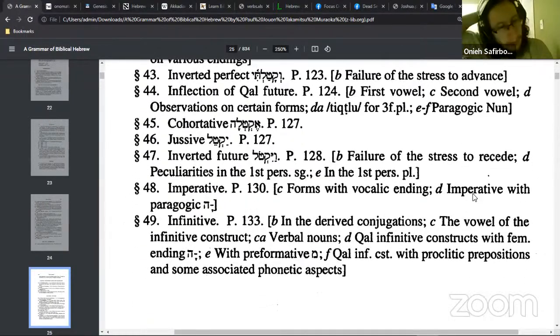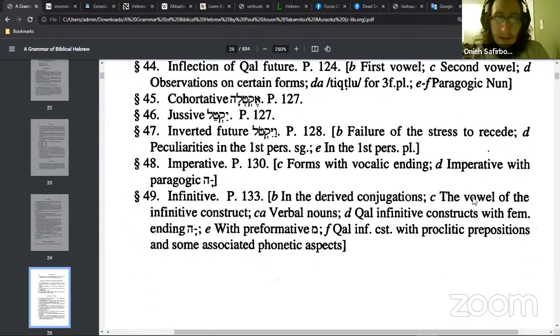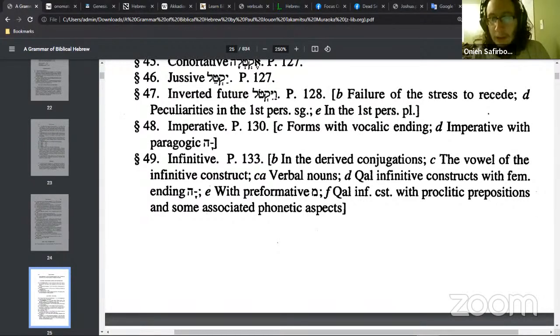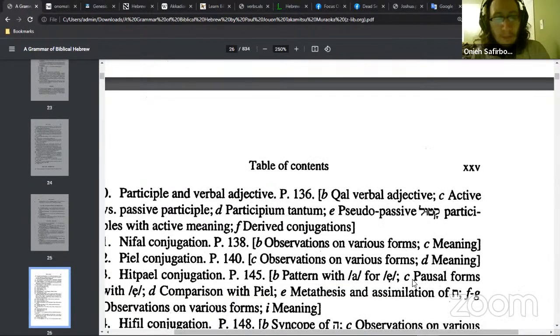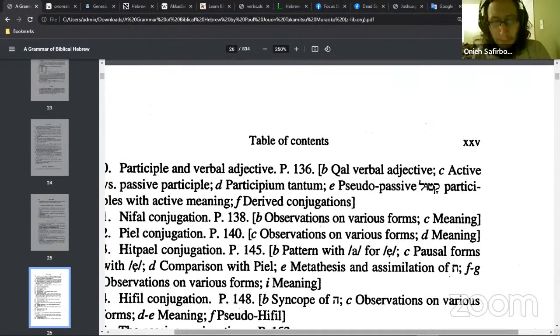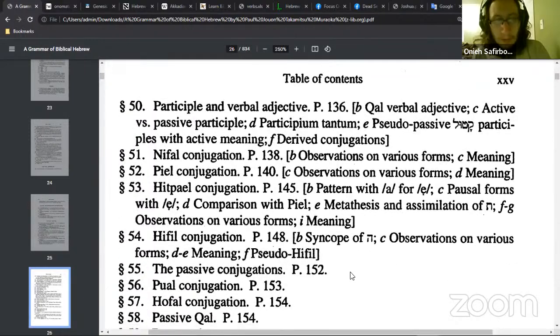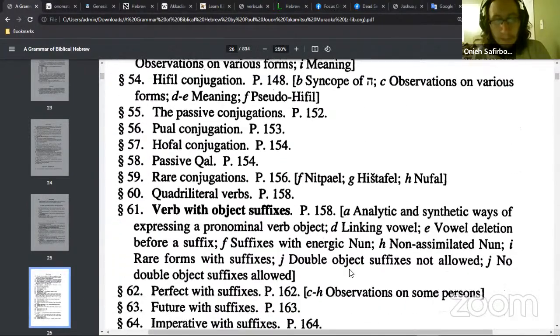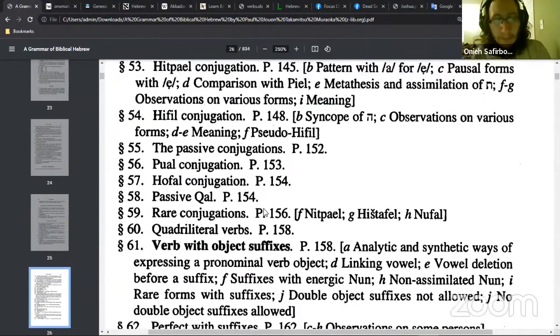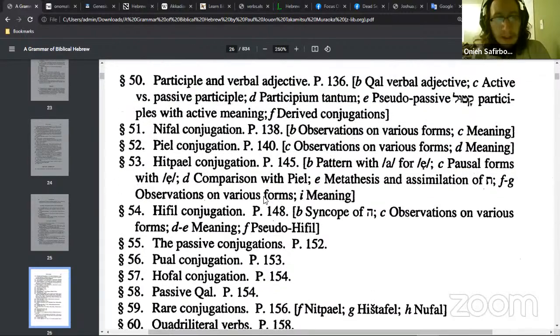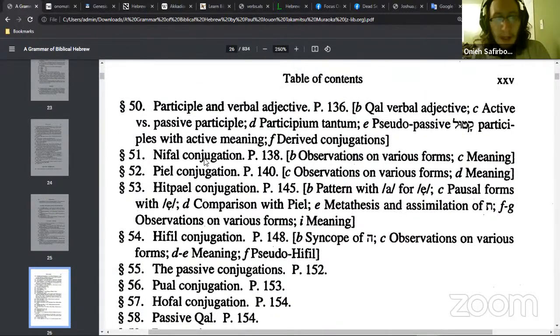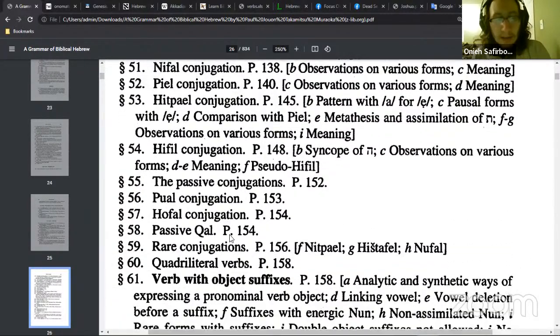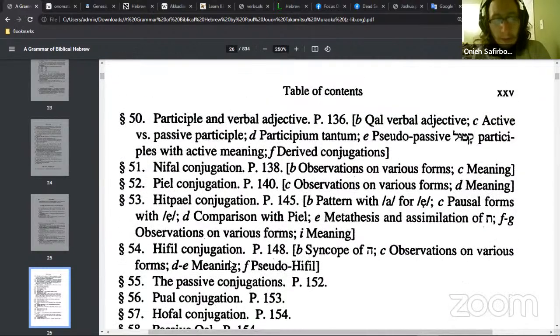I think what we did last time, I believe, is we went all the way from mifal down to quadriliteral verbs.